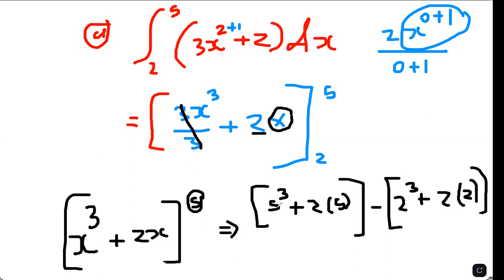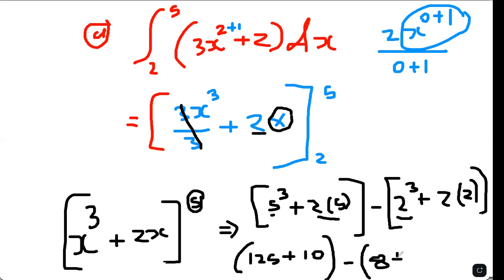So when you compute, 5 raised to power 3 is 5 times 5 times 5, which gives us 125. 125 plus 2 times 5 gives us 10. This is what we have for the upper limit. Minus, for the lower limit, 2 times 2 times 2 gives us 8, plus 2 times 2 gives us 4.